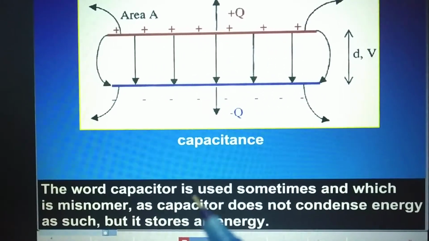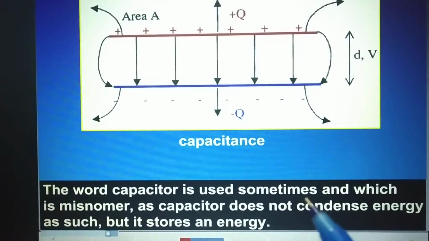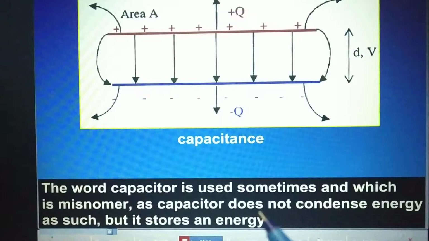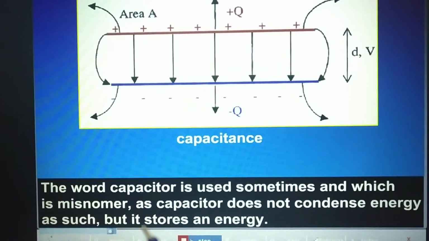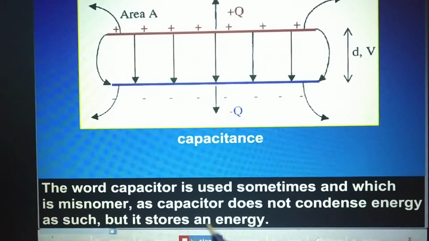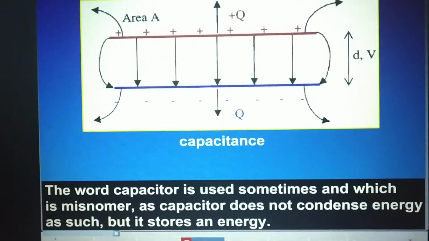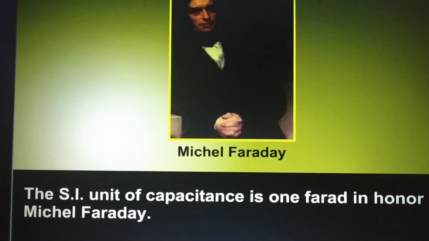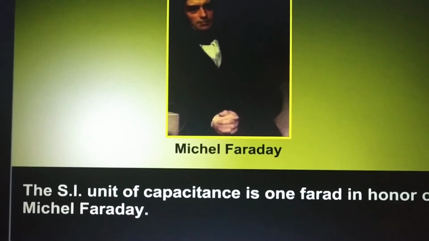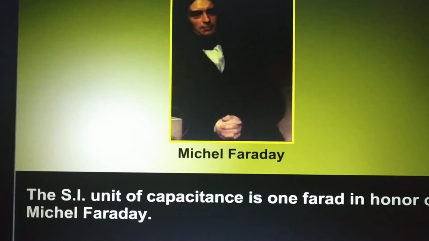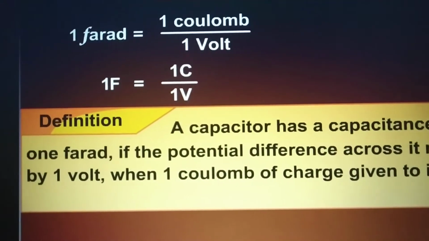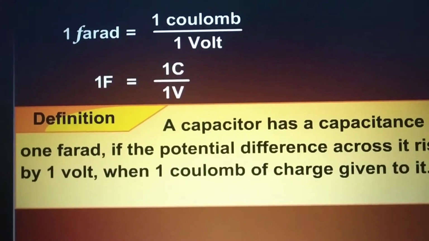The word capacitor is sometimes used, which is a misnomer, as a capacitor does not condense energy as such, but it stores energy. So capacitor means a store of energy. The SI unit of capacitance is 1 farad, in honor of Michael Faraday. So 1 farad is equal to 1 coulomb per 1 volt.